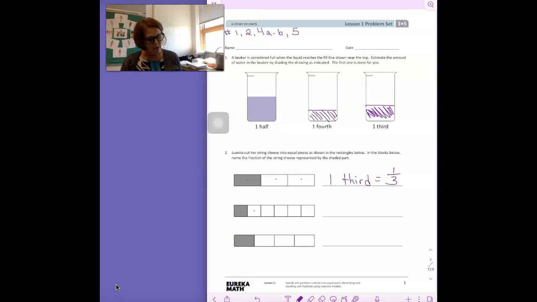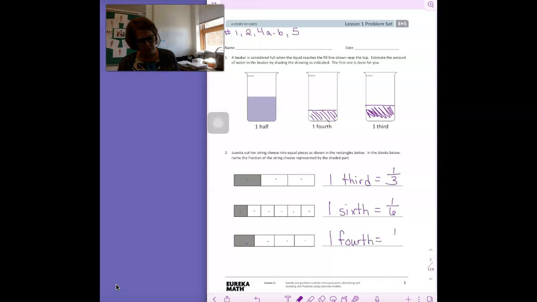Next, we have 1, 2, 3, 4, 5, 6 parts in the whole. 1 is shaded in, so it's 1/6. And I can also write that like that. Next, we have 1, 2, 3, 4 equal parts. 1 is shaded in, so we would write 1/4. And we can also write it like this.